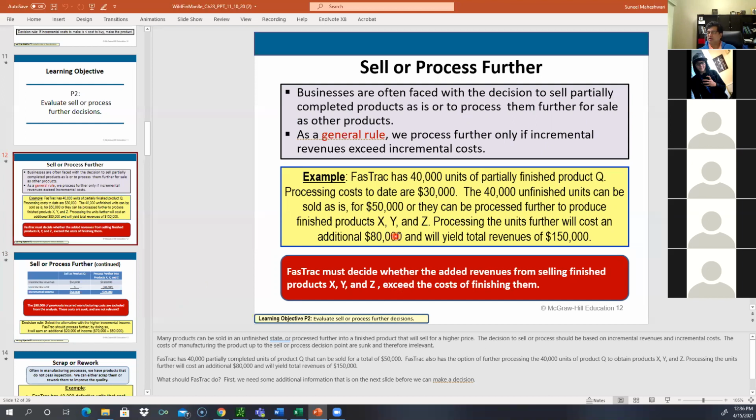So there's an incremental cost of 80,000 and incremental revenue of 100,000, right? So basically you're going up by $20,000. Does everyone understand that part?